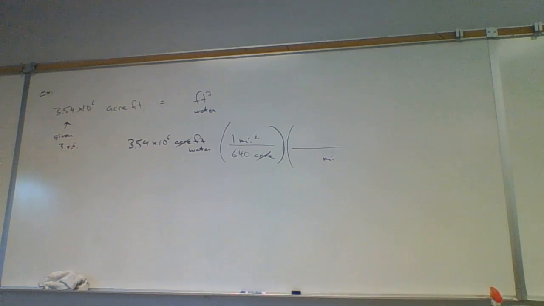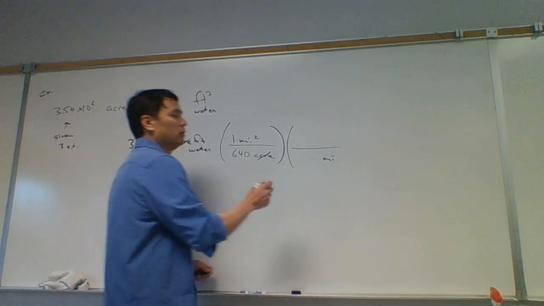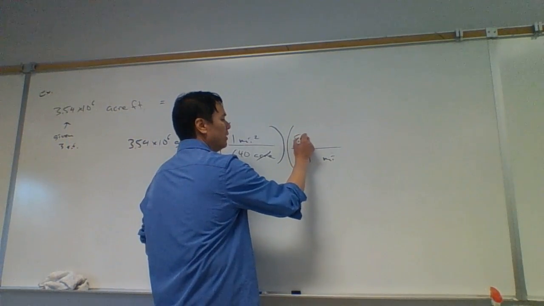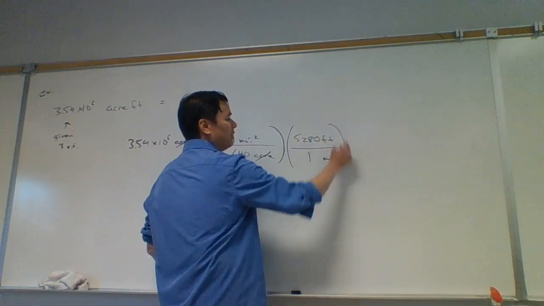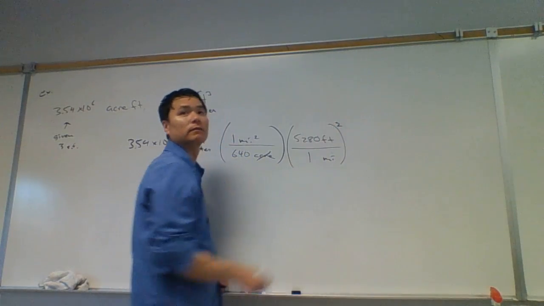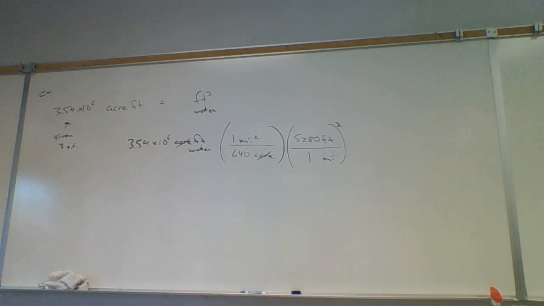Whereas if we use this one, then this is exact. This is the one to use here. And so we would go from 1 mile to 5280 feet, but we're going to have to square the whole thing, which means squaring every single thing inside of the parentheses.